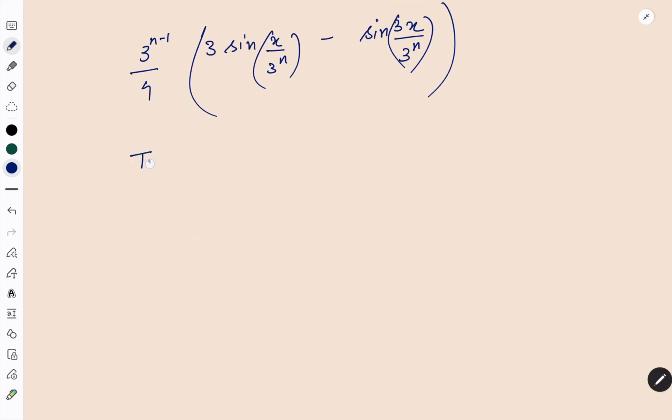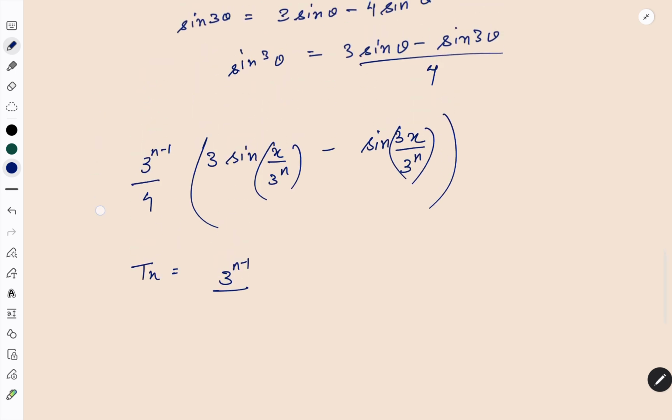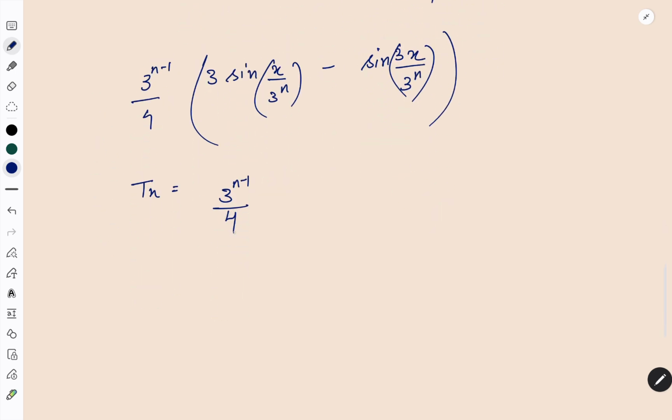So t_n can actually be 3 to the power n minus 1 by 4 into (3 sine x by 3^n minus sine of x over 3^(n minus 1)).